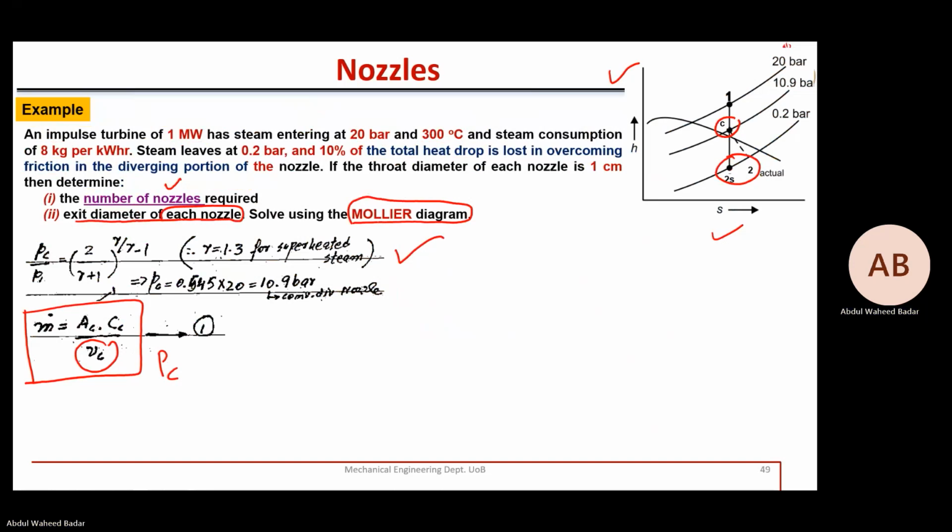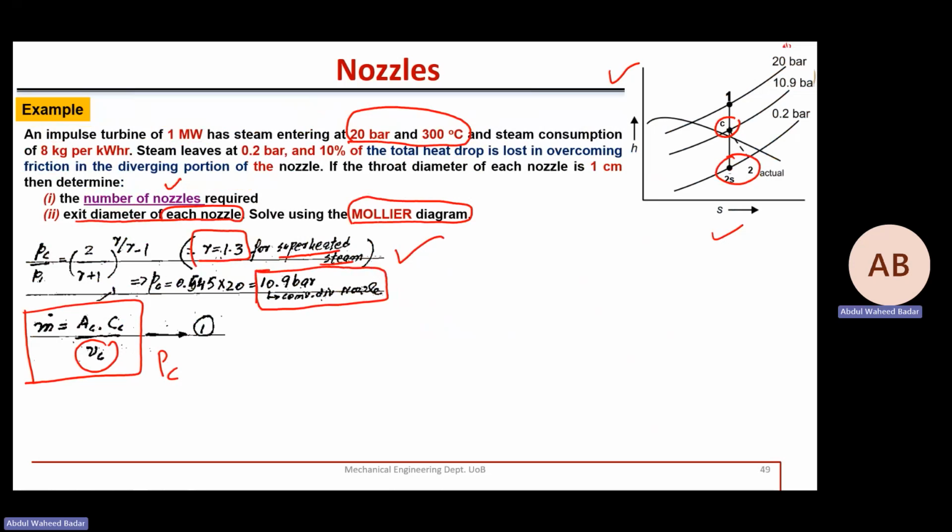So find out gamma. First you have to check this point 1. If it is superheated, then gamma is 1.3 for superheated steam. So find out PC, that comes out to be 10.9 bars.